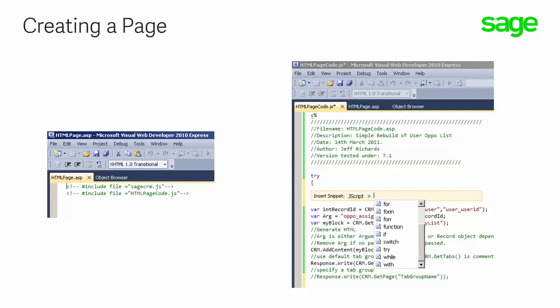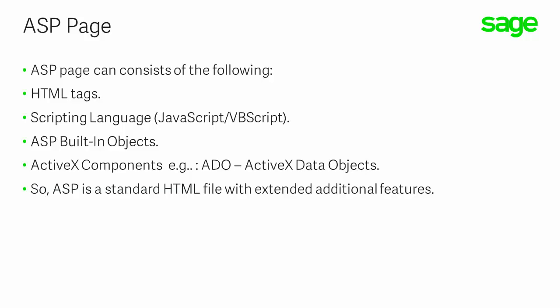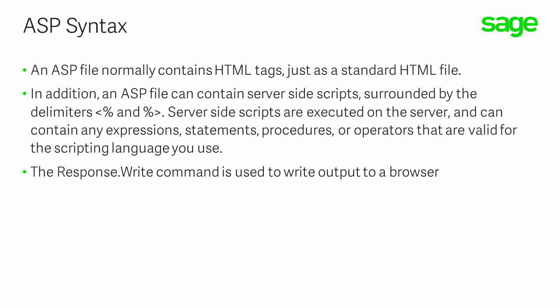So let's define a page using HTML, client-side script, and server-side JavaScript. We're going to understand that we can create some behavior. I'm going to use an HTML file that I've just created, test page 1, and I've shown you that it will write out any of the HTML that we want.